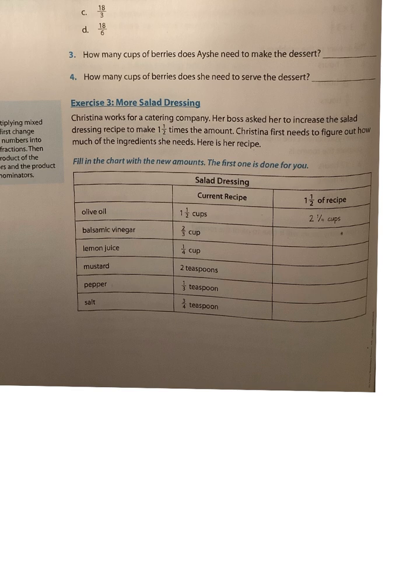So all we need to do is take 1.5 times each of these numbers. So 1.5 times 1.5. Let's write that out. 1 1/2 times 1 1/2. So remember, whenever you're multiplying mixed numbers, you have to change them to improper.